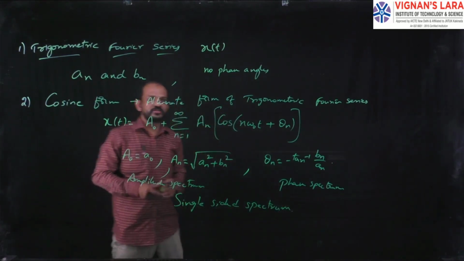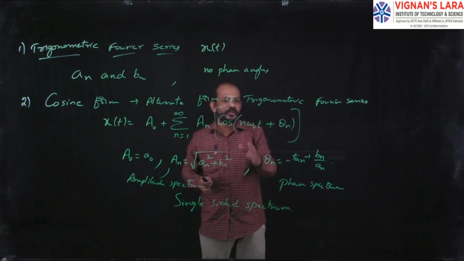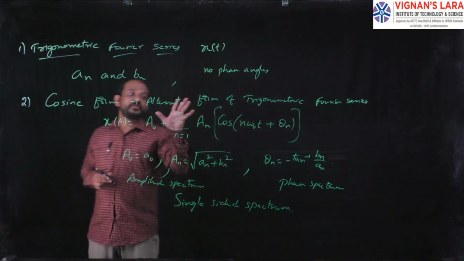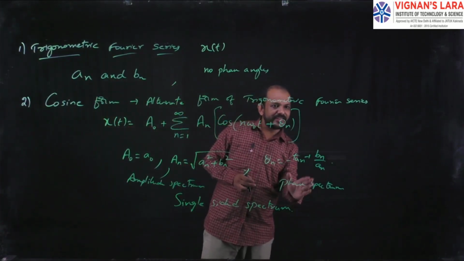Why? Because in this cosine form representation the amplitude coefficients exist only for positive frequencies, hence we call this a single sided spectrum.